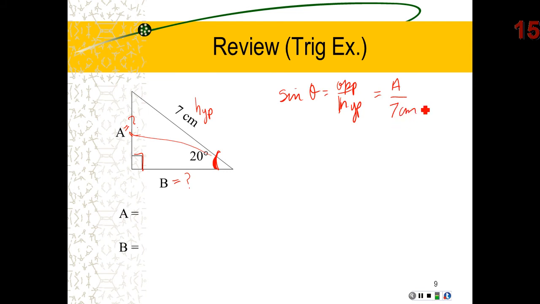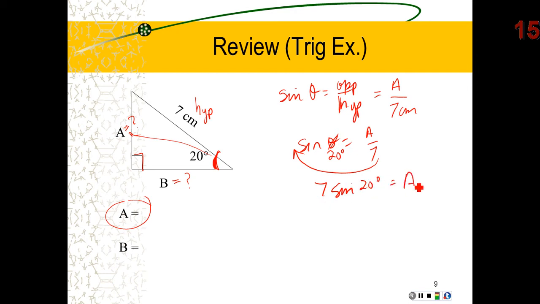Rearranging that, sine of 20 degrees is equal to A over 7. Taking 7 over here, 7 sine of 20 degrees equals A. We plug 7 times sine of 20 degrees into our calculator, and we'll find that A is equal to 2.39 centimeters.